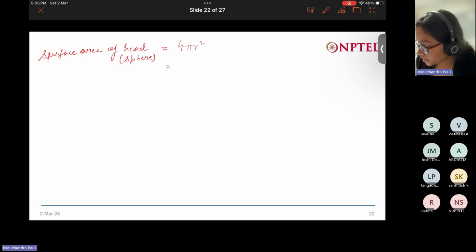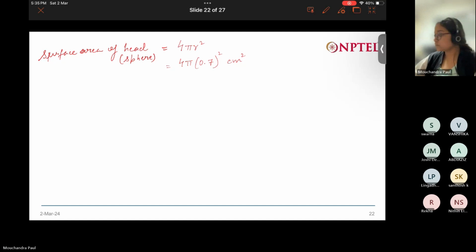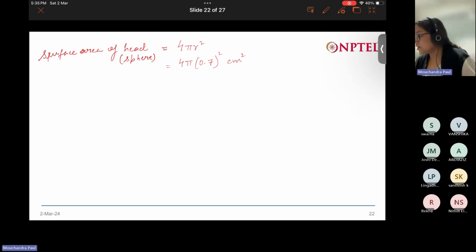So put in the value of radius, 0.7 squared. You will get the value in centimeter square. Don't calculate it now. We will do the calculation together at the end when we have the final expression. So keep it like this.